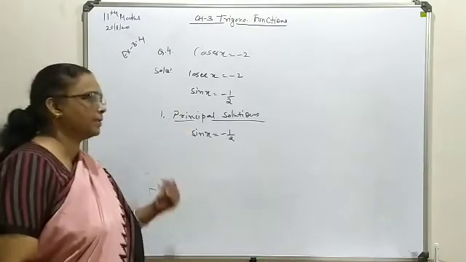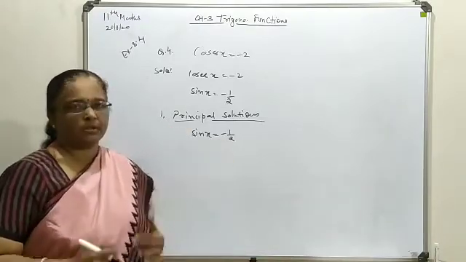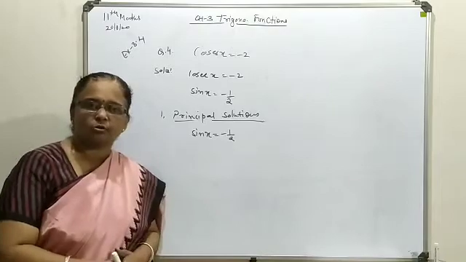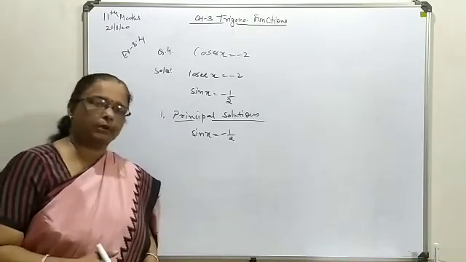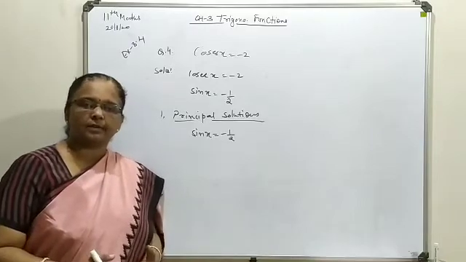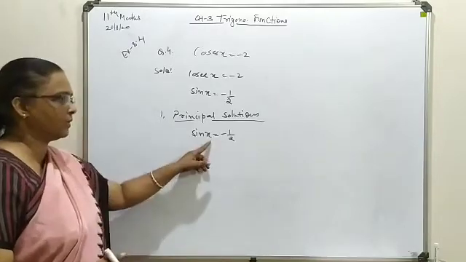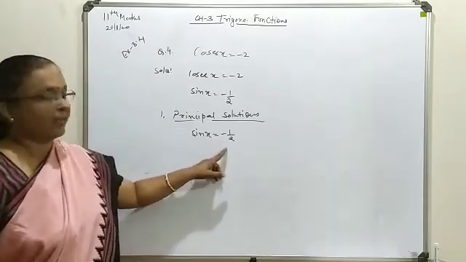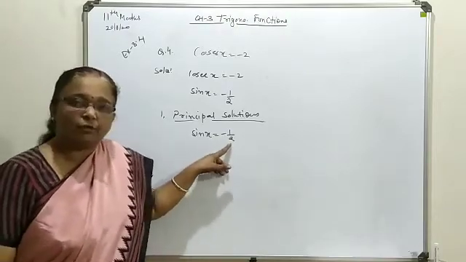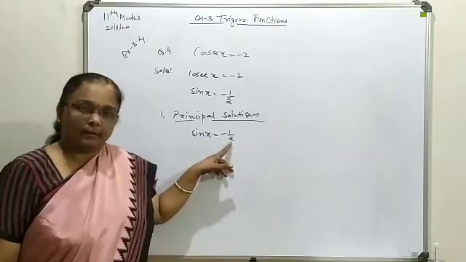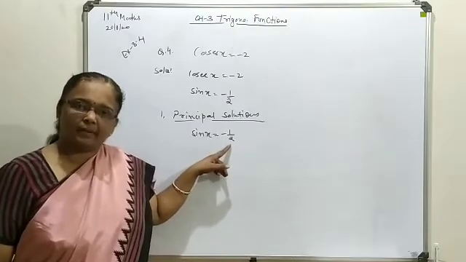In the first quadrant and second quadrant, sine is positive, so no need to think about these two quadrant angles. So move towards the third and fourth, in which compulsorily sine you will get as a negative quantity. So let's define x for this minus half. First of all, you will think about this half. When sine gives you half value, this angle is 30 degree, means pi by 6.